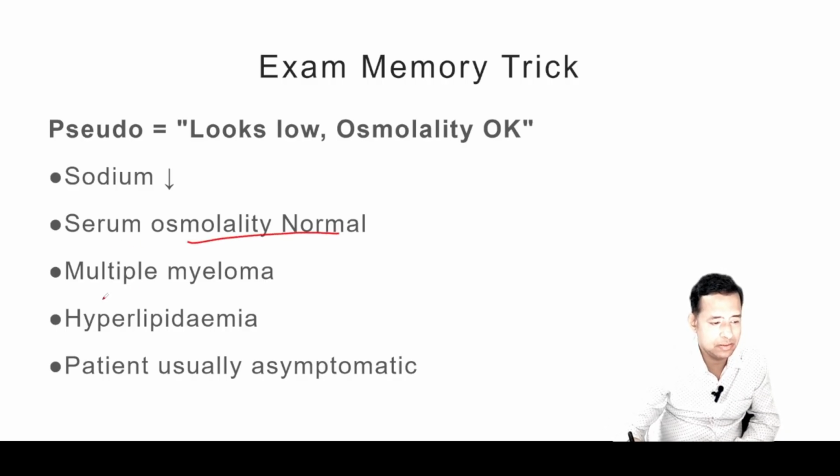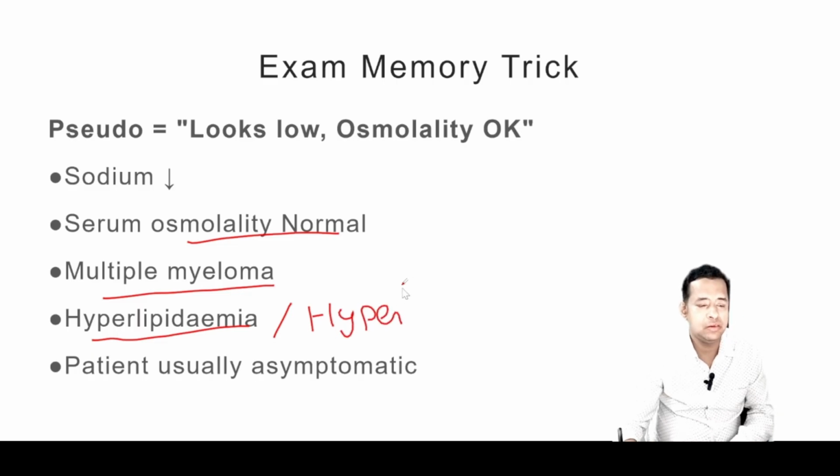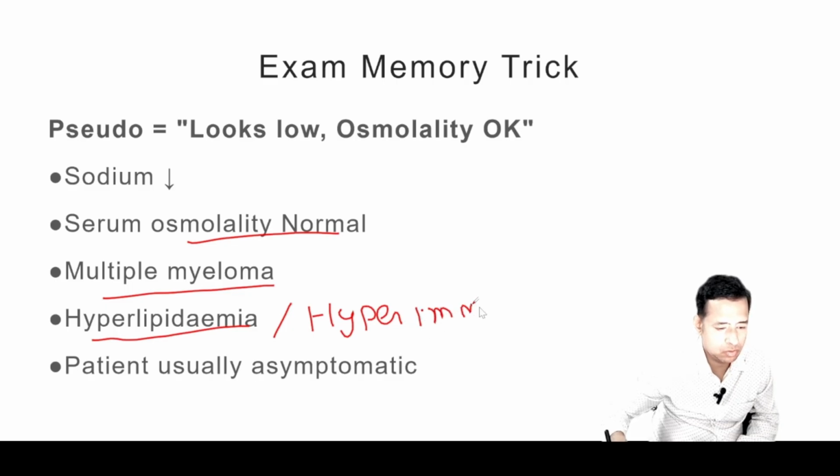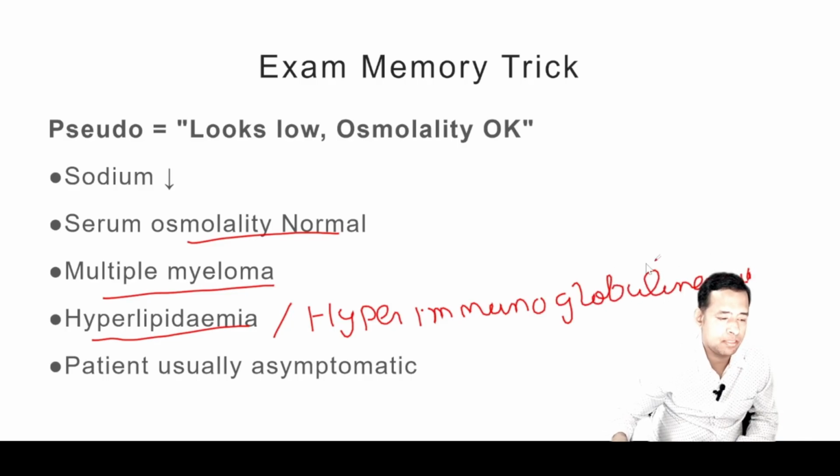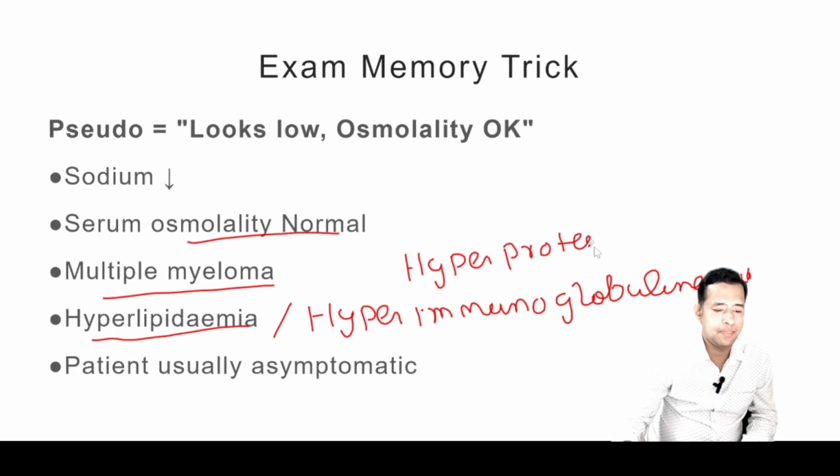Multiple myeloma can be this, and hyperlipidemia can also be seen in association, hyperimmunoglobulinemia, okay, and hyperproteinemia also. You have to know this.